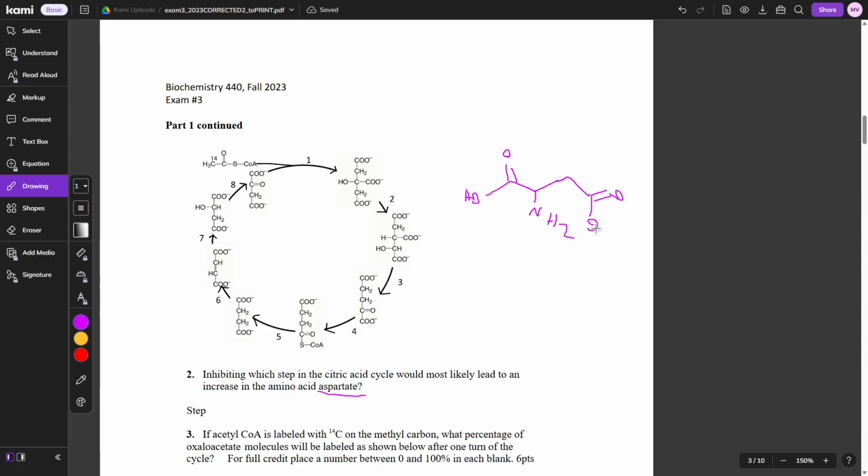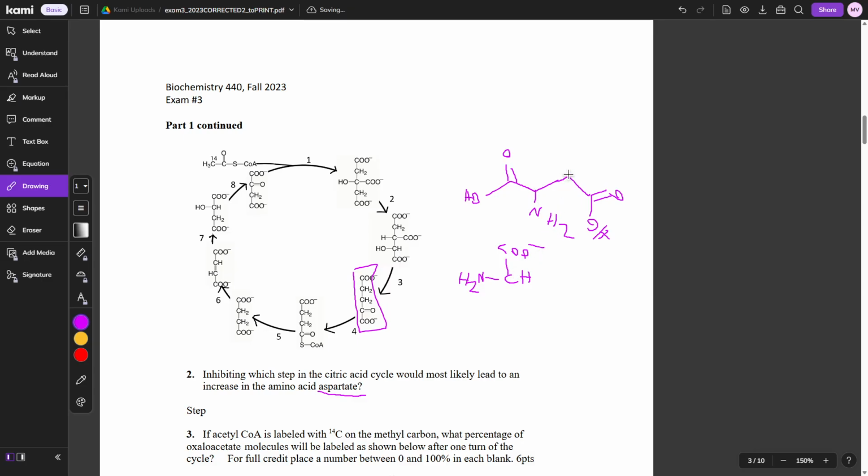And if you were to draw this in this kind of form, what you would see is that if we look at this carbon, we'd have our CH. If we have an H2N here, we put a COO minus up here.